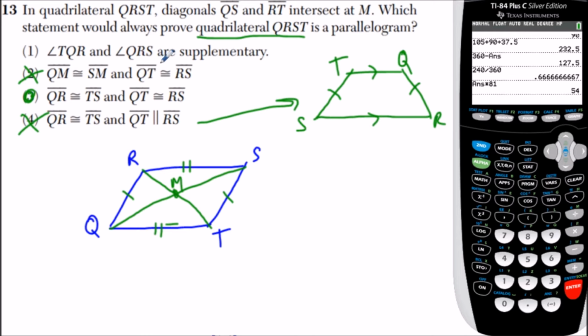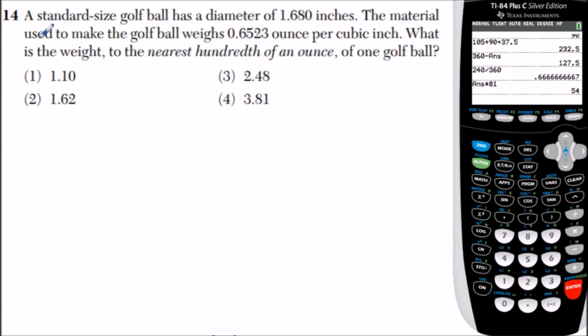TQR, call that X, and then QRS is Y. The same side interior angles of a trapezoid are supplementary. So X and Y would add up to 180, and so would this angle here, T and angle S. So that's why this one's no good. But just know your properties, and it's definitely choice 3.